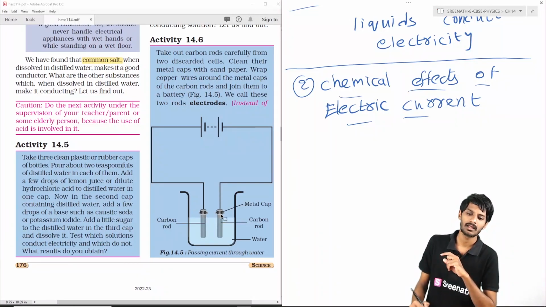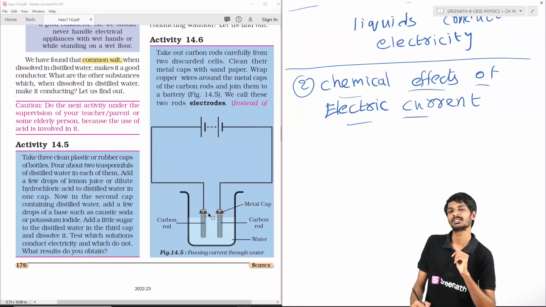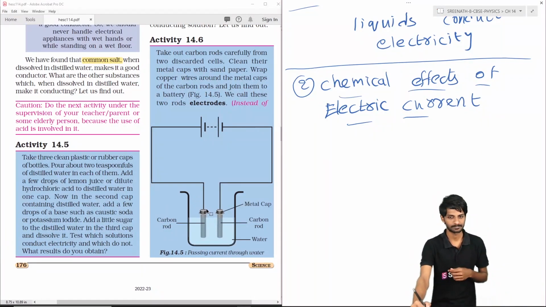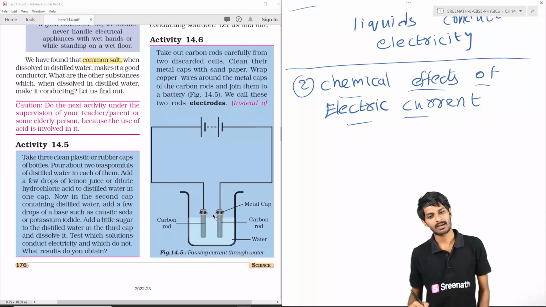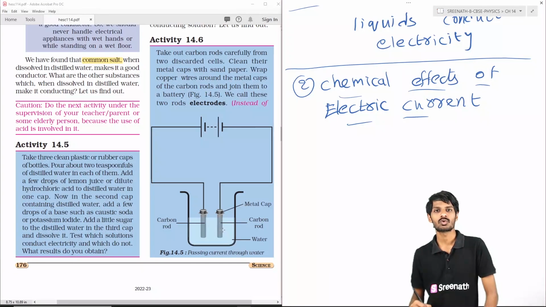So to these metal caps we have wound the copper wire, students. Now these we call the electrodes, and these two wires are connected to a cell or battery. That is the case, students.